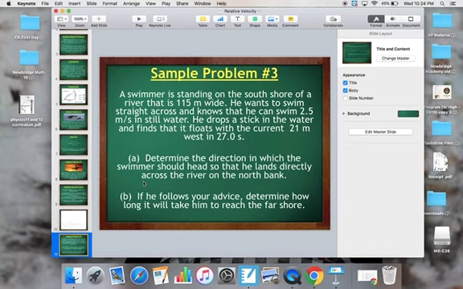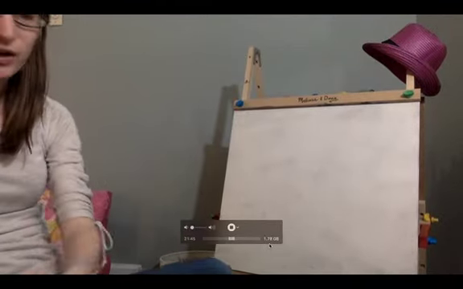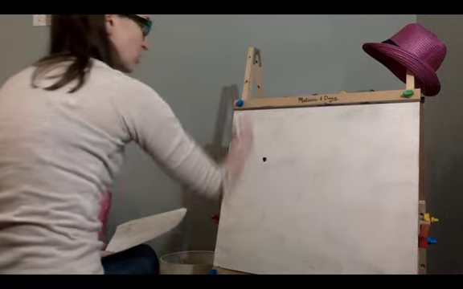Okay, so we're going to look at that triangle again in a slightly different way, and we're trying to figure out how long it will take to reach the far shore. So we have to redraw that triangle. My swimmer isn't going to head straight north.